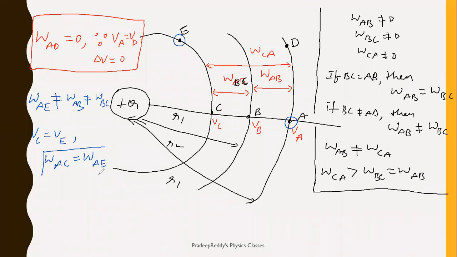Even though you are bringing it in different paths, A to C, it is a straight line. This is AC, right? But see here, AE is this. This is AE.